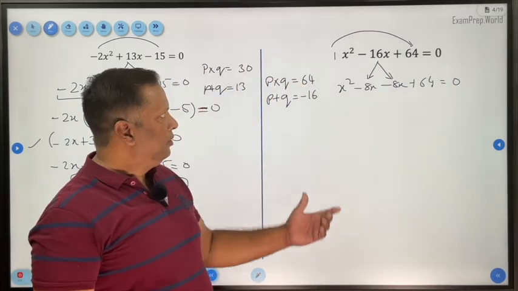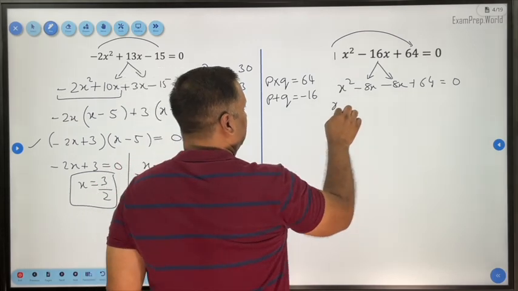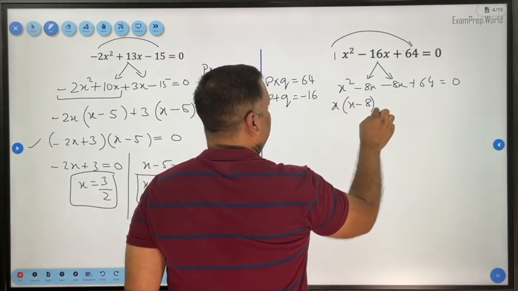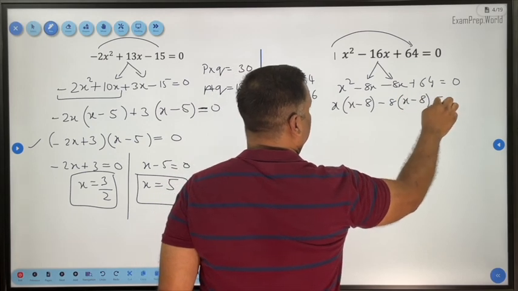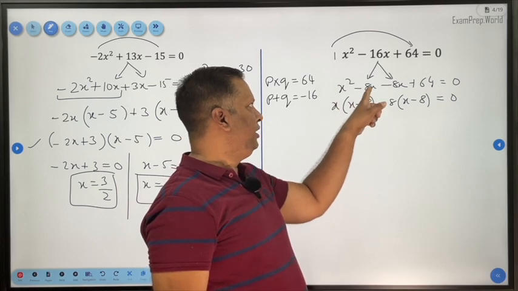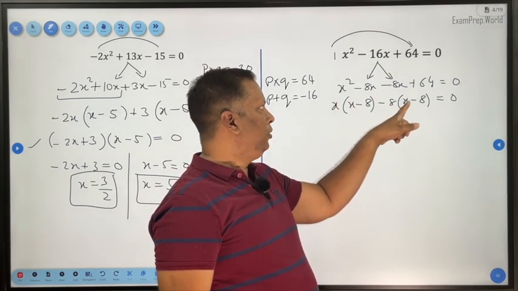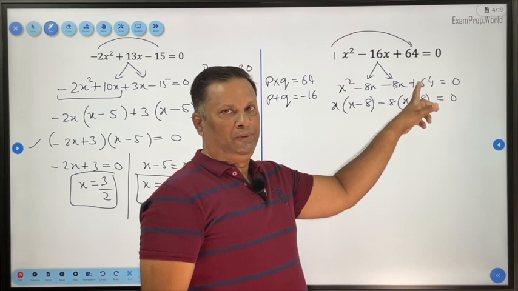x square I write here like this and 64 equal to 0. Understanding? Okay. Now what is the common term here? x into x minus 8, and here negative 8 into x minus 8 equal to 0. Look, x into x is x square, x times negative 8 is minus 8x, minus 8 into x is negative 8x, and minus 8 into minus 8 is positive 64.